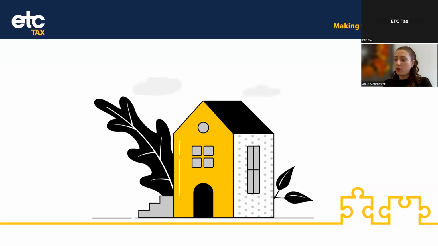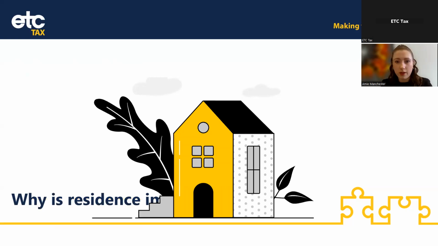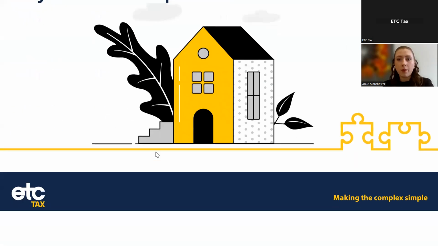So first of all, just to look at why is residence important? Up until April 2013, tax residence was determined based on a combination of past decisions from the courts and HMRC guidance. After that, the SRT was introduced. Sarah, I'm not sure if you're able to move back a slide. It seems to have moved on.